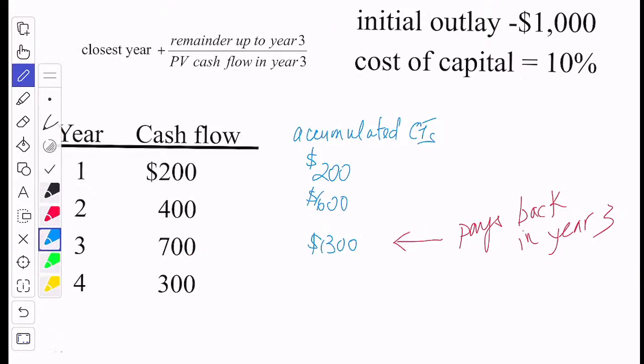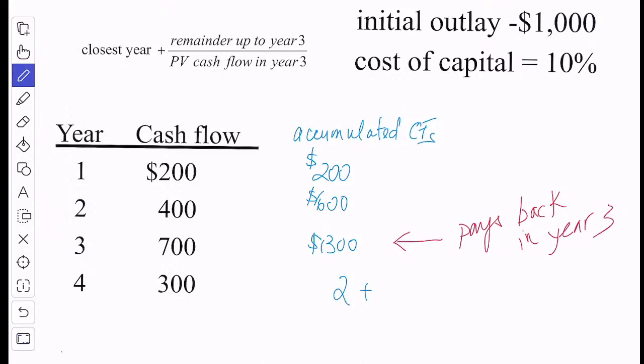So to calculate, sorry, I dropped my pen. Okay, so to calculate this, closest year is 2.